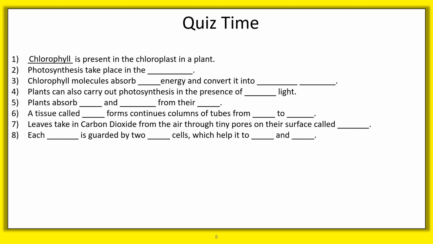Photosynthesis takes place in dash. The time to answer this question is over and the answer is chloroplast. Chlorophyll molecules absorb dash energy and convert it into dash dash.